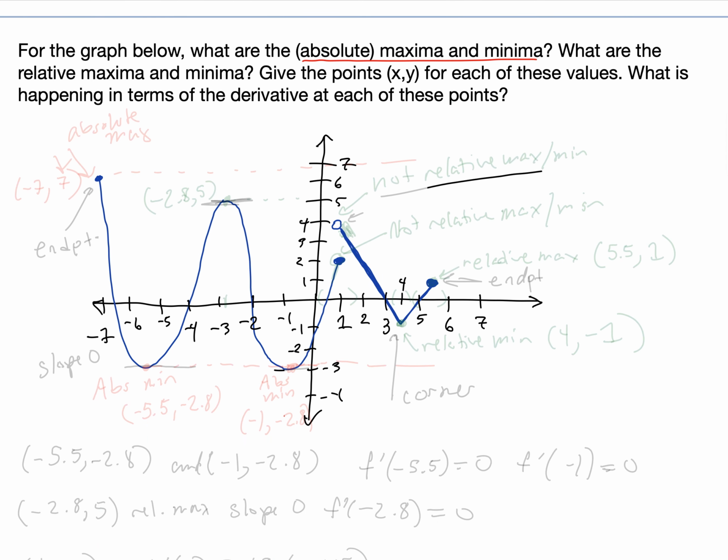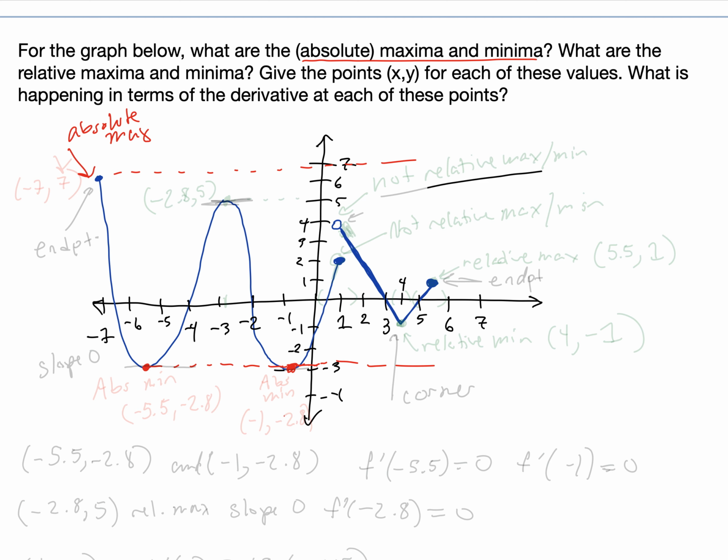For that, we're looking at the largest outputs and the smallest outputs on this graph. So it looks like this is the absolute max. This is the largest output, bigger than everything else in the graph. And it looks like this and maybe this together, you're just sort of looking at something not very clearly drawn, but it could be that both of those are absolute minimums if they are both at the same value.